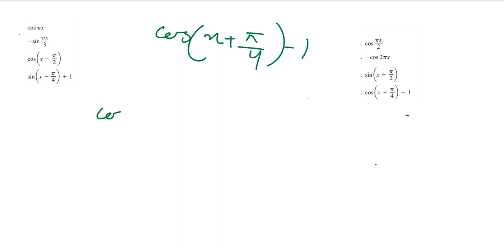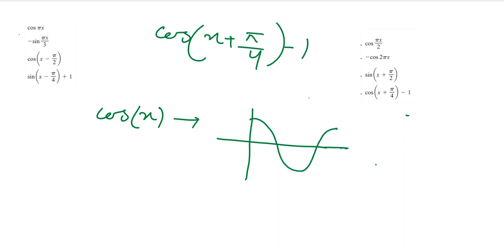Okay, we know the graph of cos x, and we have to move it. We know that this is 0 and this is pi by 2, this is pi, this is 3 pi by 2, and this is 2 pi.